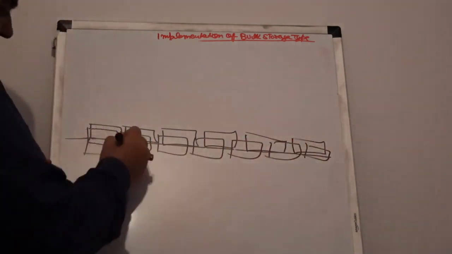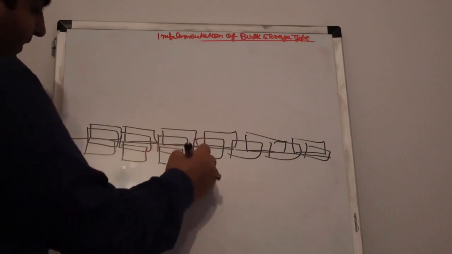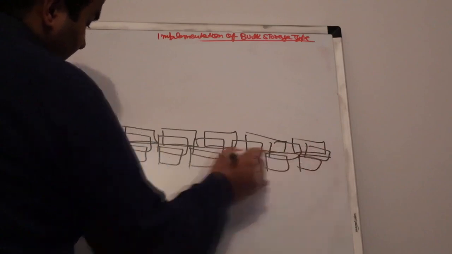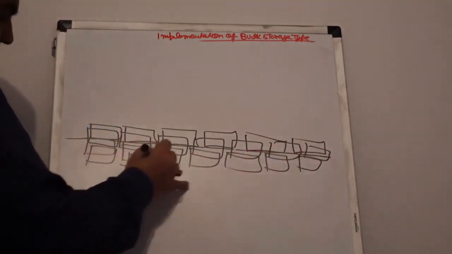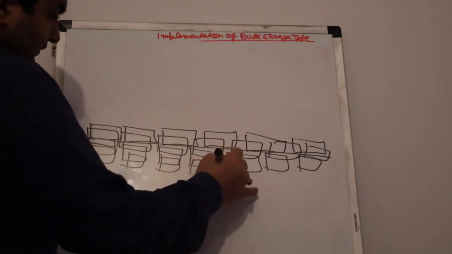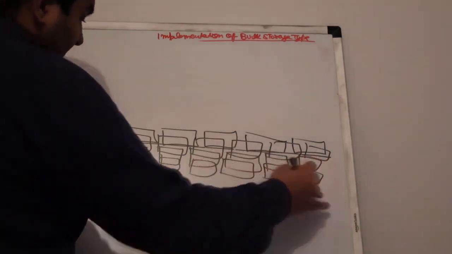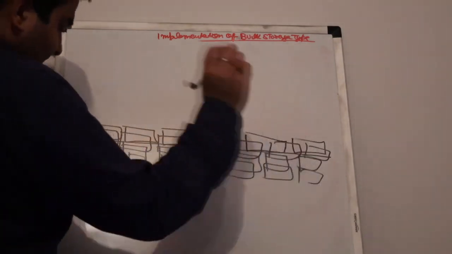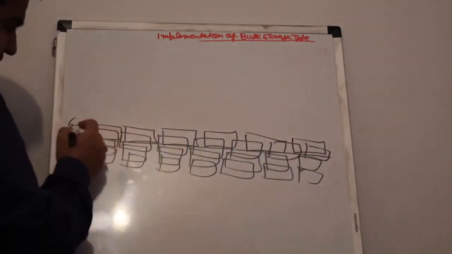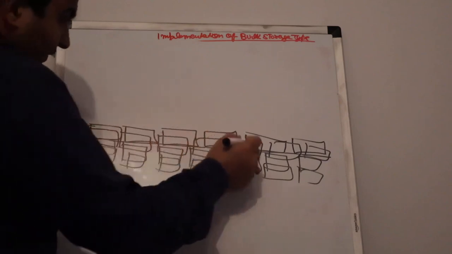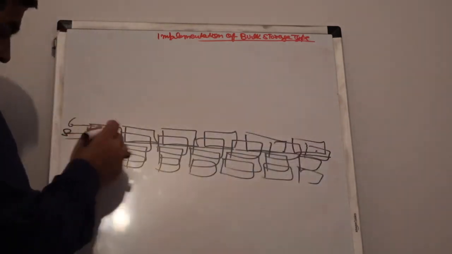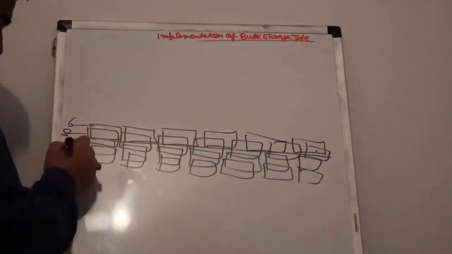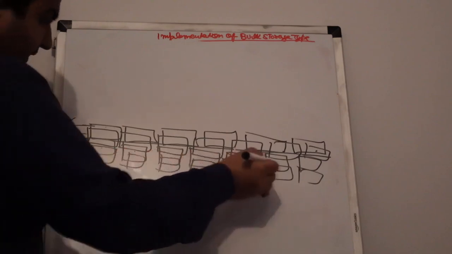Or suppose we have 3 rows, total 3 rows, or 4 rows. In row 1 we have 1, 2, 3, 4, 5, 6. Suppose 6 bags. In the second row we have 1 to 8 bags. In the third row we have 1 to 7. Suppose 7. In the last row we have 1 to 7.